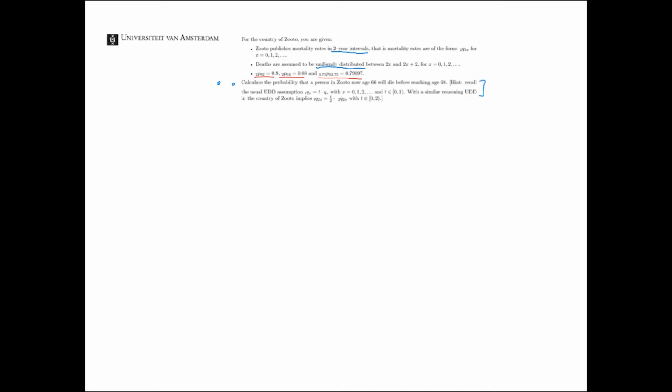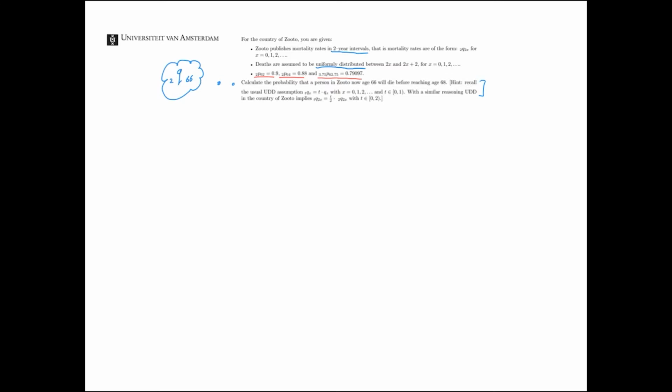So in actuarial notation, you are aged 66, and it concerns the probability of death, so that's q, and we have to die before reaching age 68, so we need to die within 2 years. All right, so this is what we need to compute using somehow this information that is available.